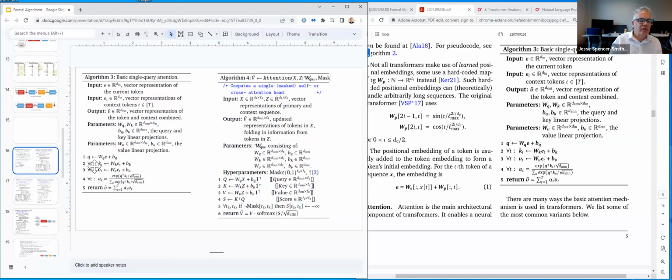So what happens with this? This is sometimes called QKV. I'm going to unpack this just a little bit. What's happening here is that we're taking the token, we're transforming it a bit. This is a linear projection. And again, if you don't understand what this is, not a problem.